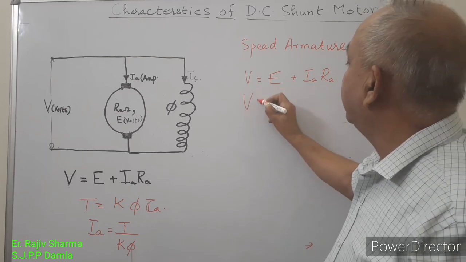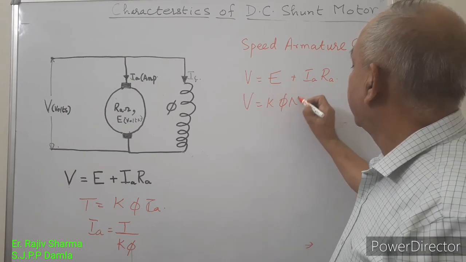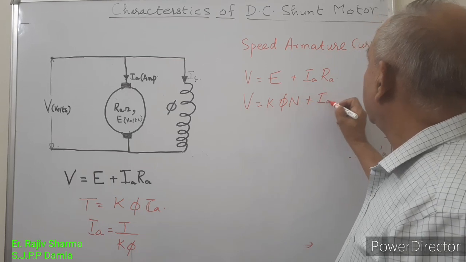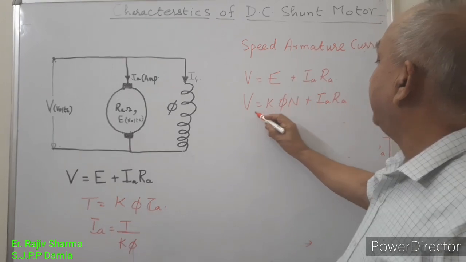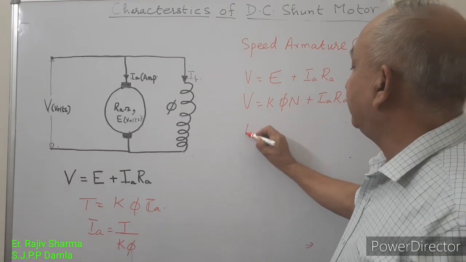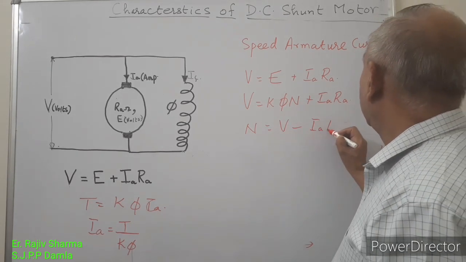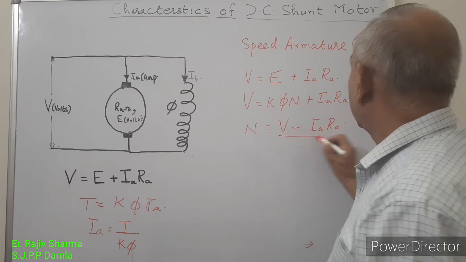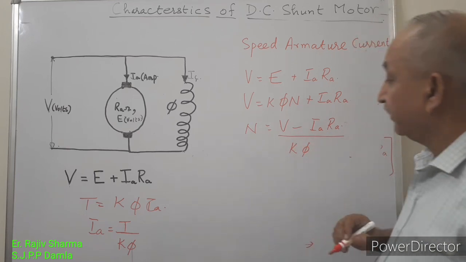Now E is K phi N, so V is equal to K phi N plus IA RA, or N is equal to V minus IA RA upon K phi.